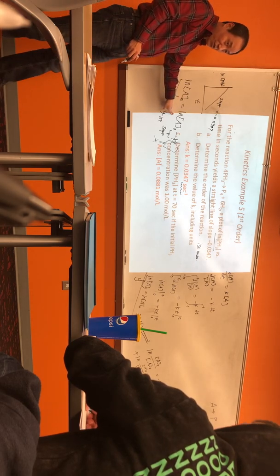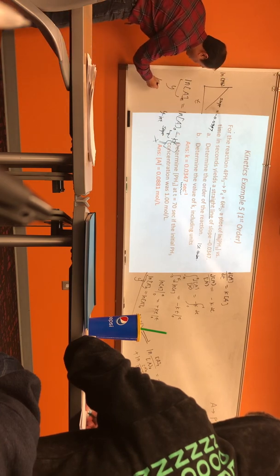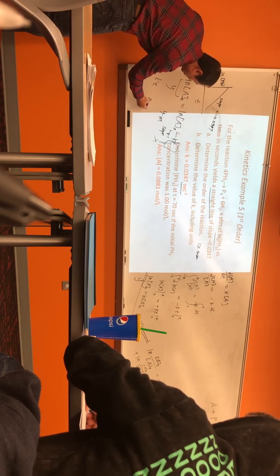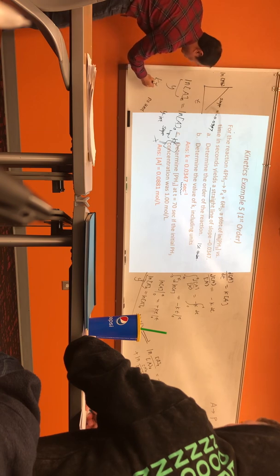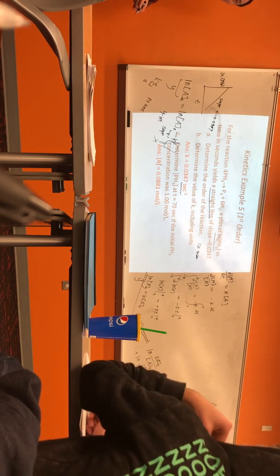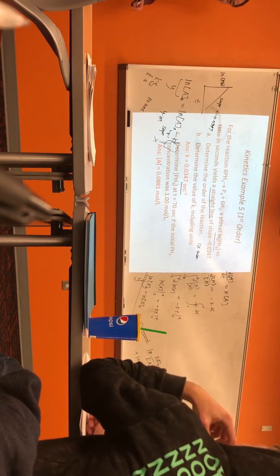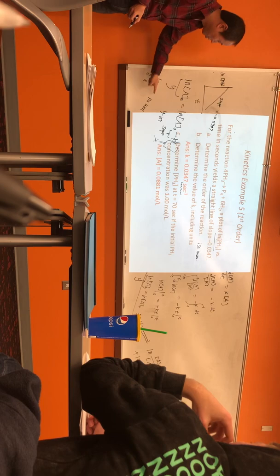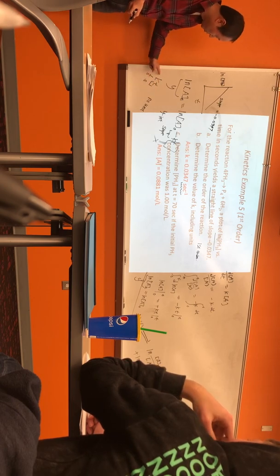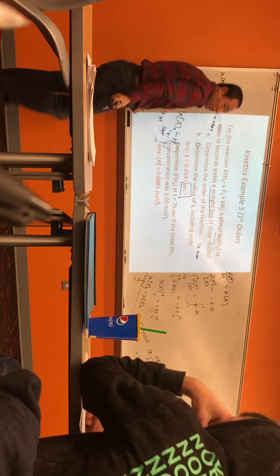To be equivalent, kt should have no unit. But you know time has a unit of seconds. Then k should have a unit of 1 over second, right? Because kt should have no unit. So k will be 1 over second. That's the unit of this constant.